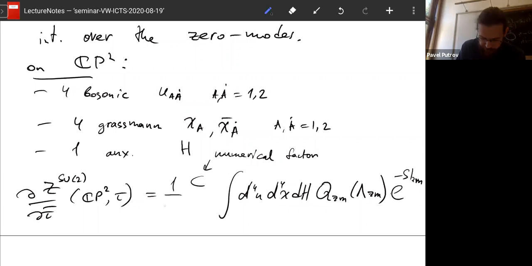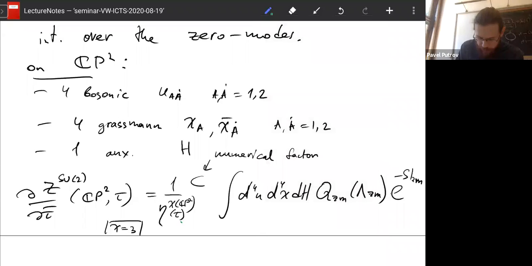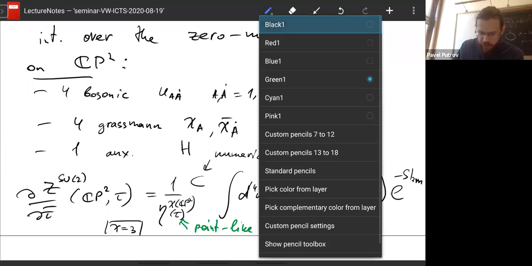there will be the following factor, eta to the power which is the characteristic of CP2. Well, this is just 3, and this can be understood as a contribution of a point-like instanton. And there also will be a sum.